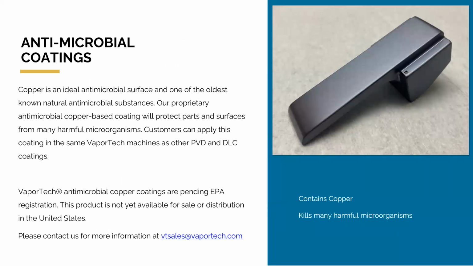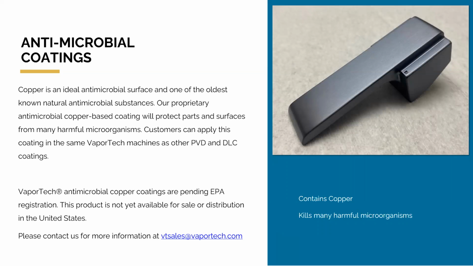And to finalize the different types of coatings, just to go a little bit off what we were talking about, we do have a development into antimicrobial coatings. The EPA is the agency that monitors and controls anything that is sold in this space, and they're very strict about how you talk about this.